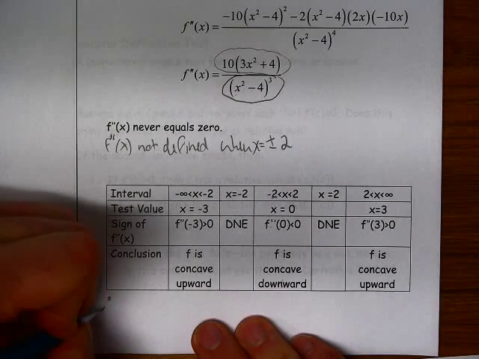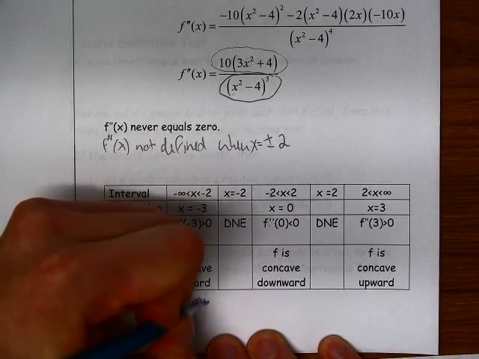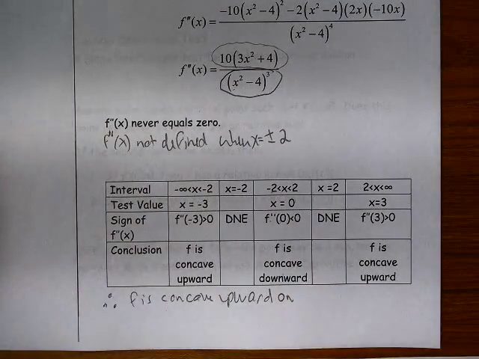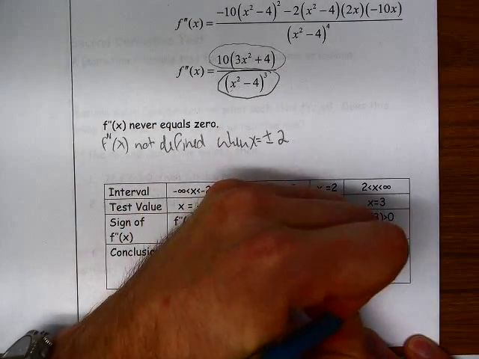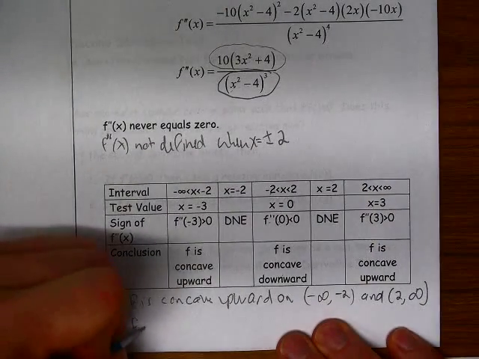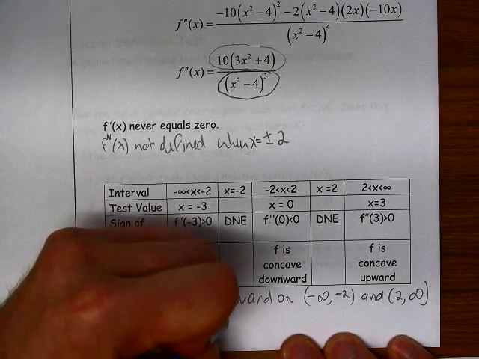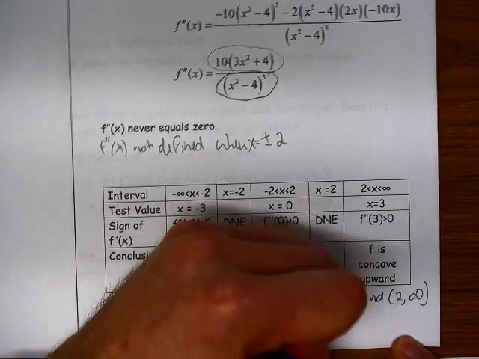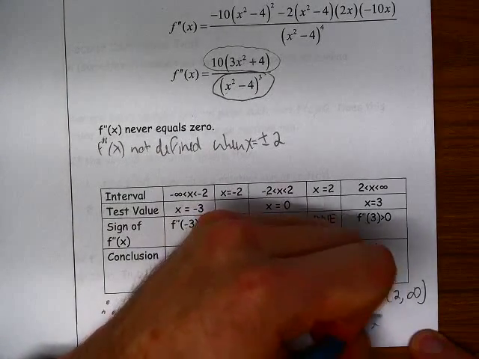So the conclusion that I come to is that f is concave upward on the intervals from -infinity to -2 and from 2 to infinity, and f is concave downward on the interval from -2 to 2.